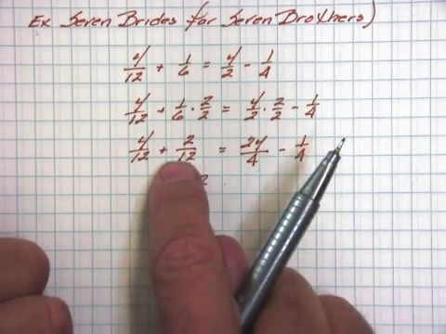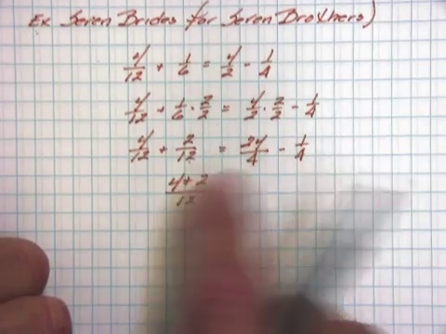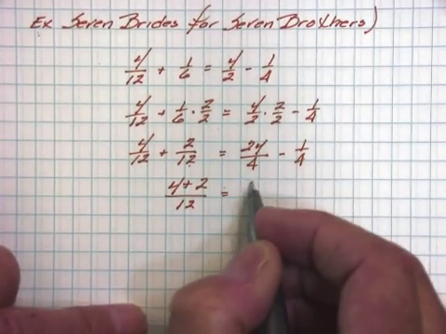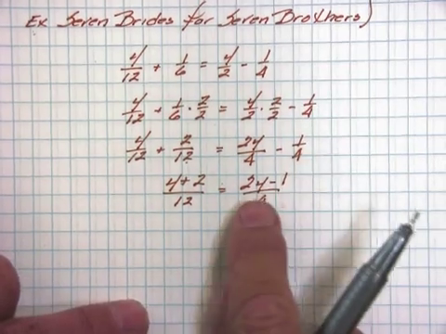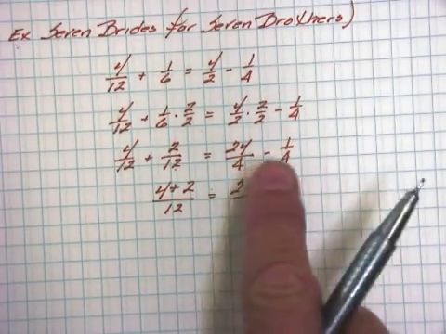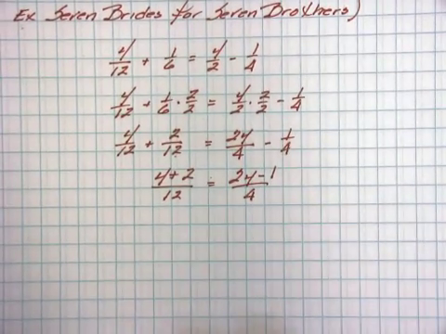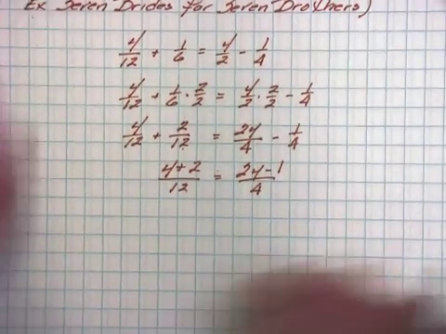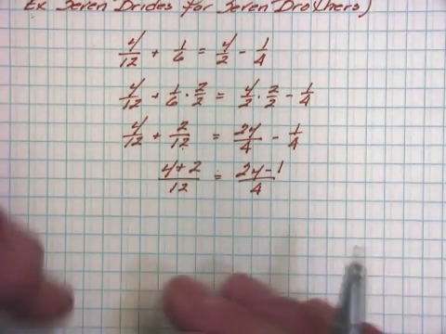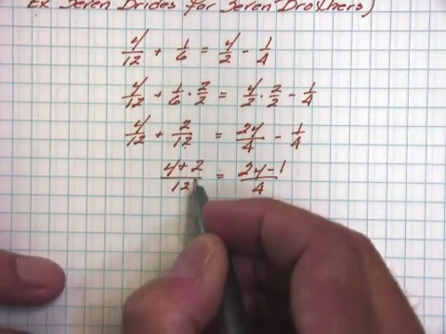So y plus 2 over 12. Remember, when you're adding fractions with common denominators, you don't actually add the denominators. It stays that way. Equals, and now we've got 2y minus 1 over 4. Again, it's just a single 4.